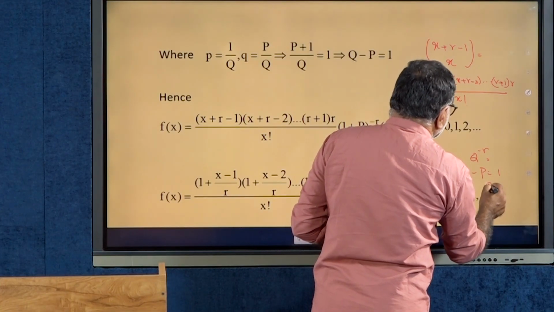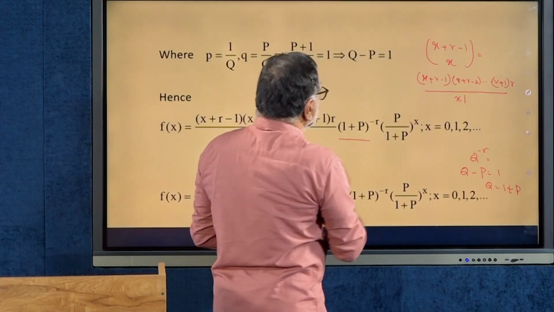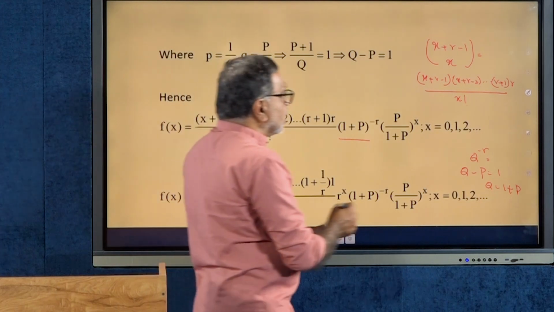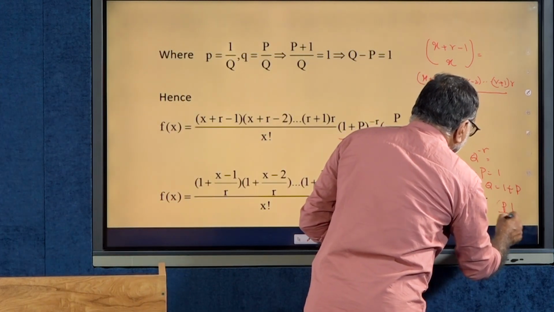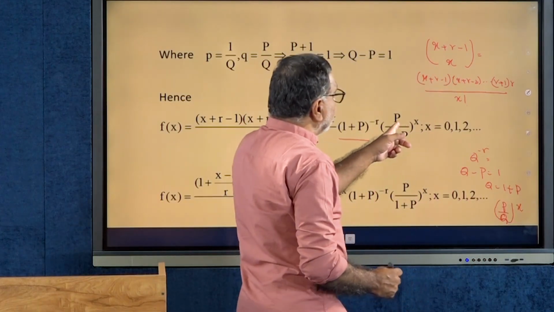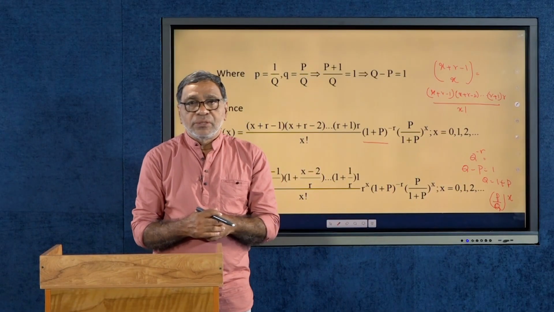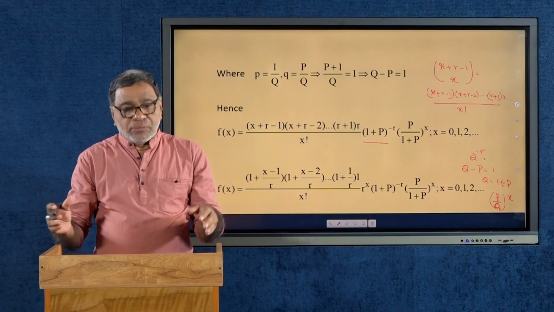So, q is equal to 1 plus p. So, this q power minus r becomes 1 plus p power minus r. Then p divided by q power x, that is p divided by q is 1 by 1 plus p, all power x. Okay. So, that is our probability mass function.